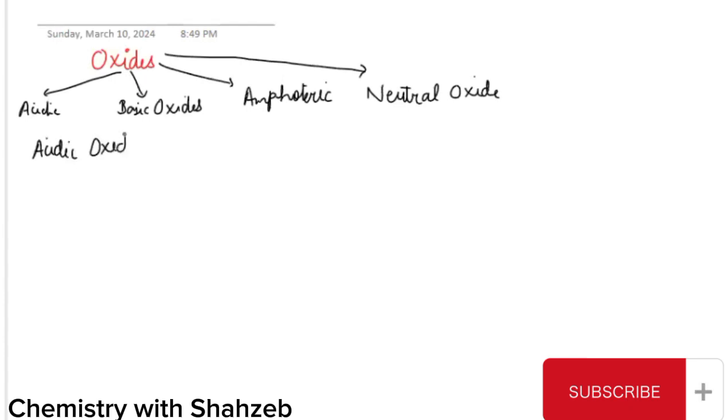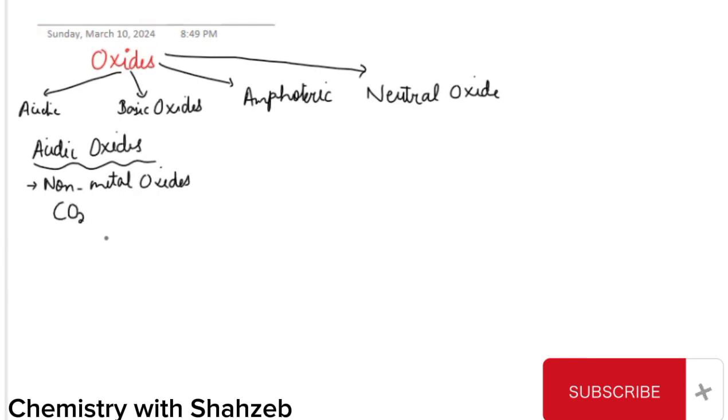Acidic oxides are non-metal oxides. For example, we have carbon dioxide, that is CO2.